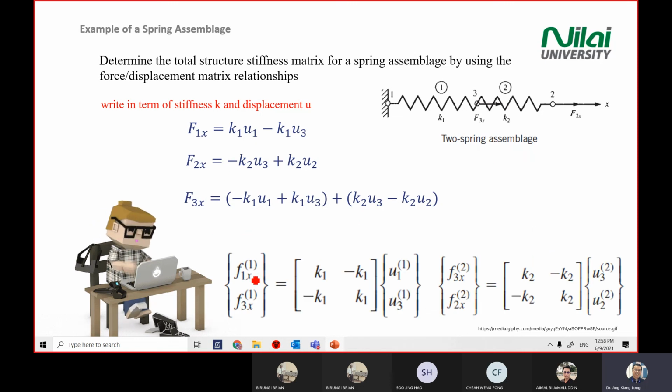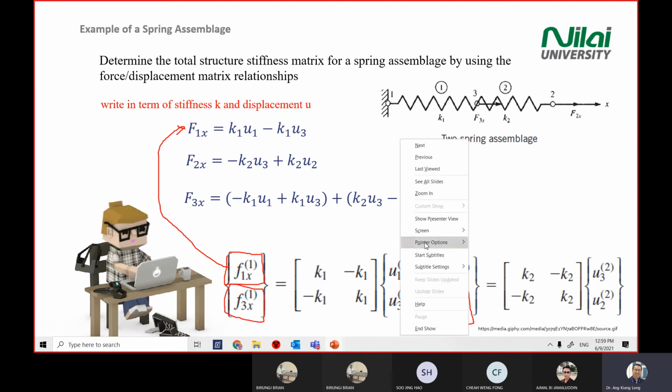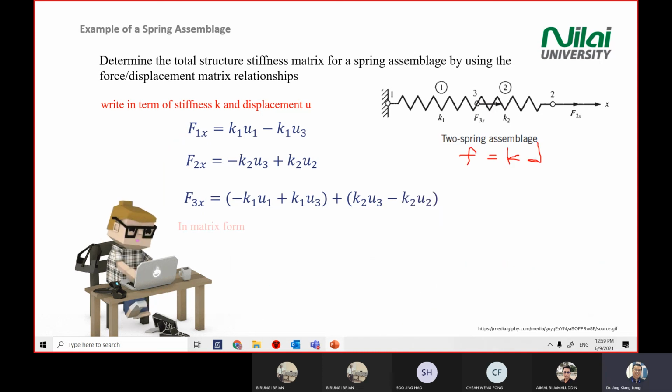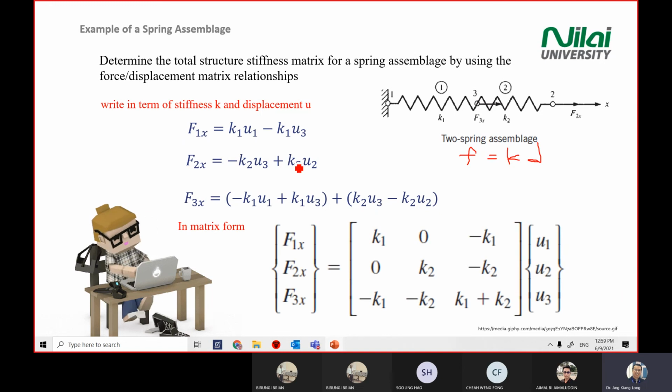Because F1x just now is equal to capital F1x based on the free body diagram that we drew just now. Same with small f3 and small f2x here. You convert to the capital F there. The rest is just mathematical steps.